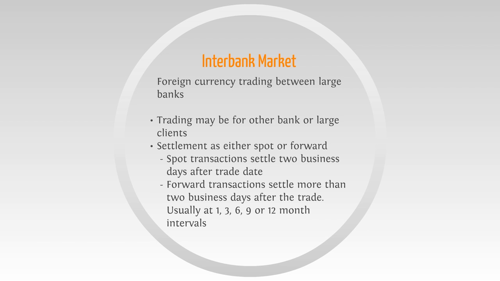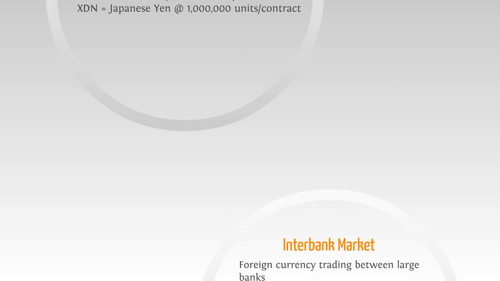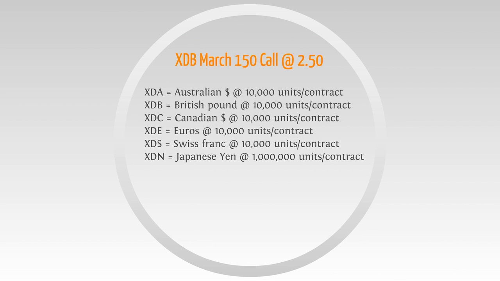This is trading between large institutions or banks or other large clients. And as you can see, there are certain time frames that they usually trade in: 1, 3, 6, 9, or 12-month intervals. For foreign currencies, there are certain standards for how they're priced. For most of the currencies that we see here, they're 10,000 units per contract.